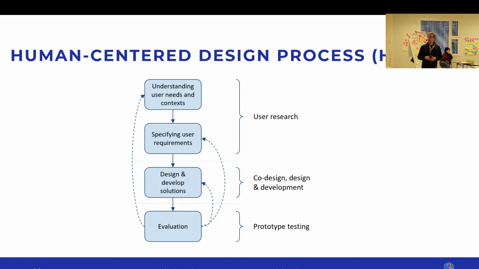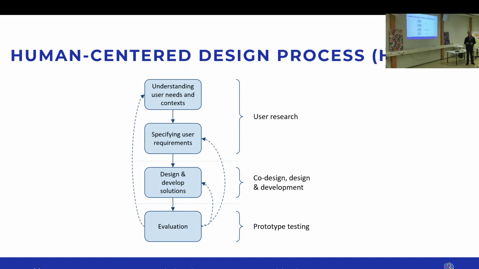And then we specified the user requirements after we do this user research, which is the first two steps. User research can include interviewing people, running workshops, basically collecting data in many different ways, doing surveys and so on. And I will show you a couple examples of what we did in a Digiraati design process.